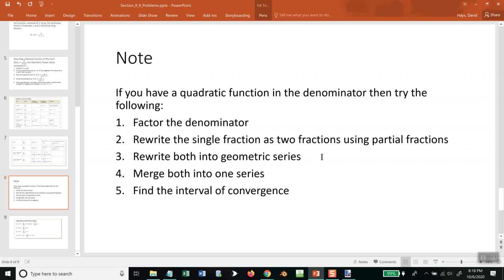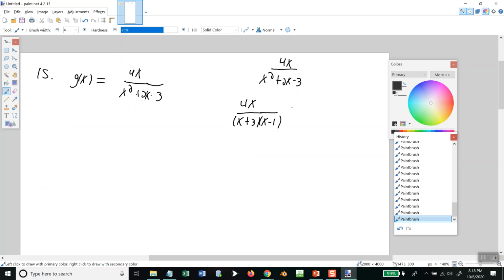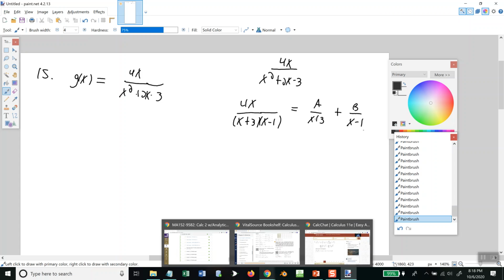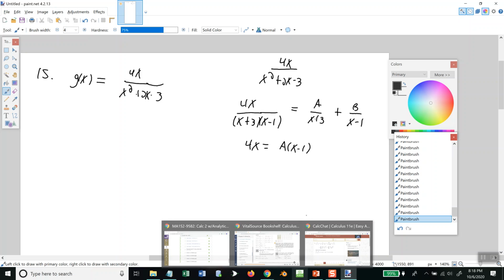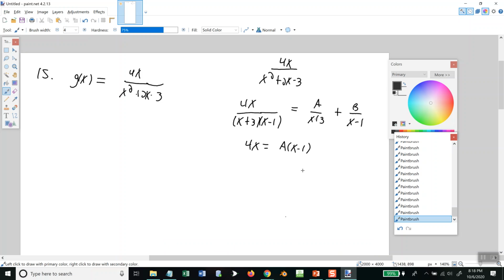Rewrite the single fraction as two fractions using partial fractions. Remember, partial fractions for linear, we put A over x plus 3, and we put B over x minus 1. We multiply everything by x plus 3, x minus 1, and we get 4x is equal to A times x minus 1 plus B times x plus 3.